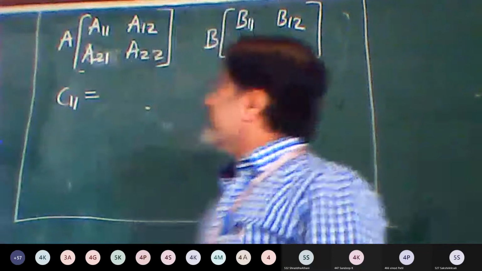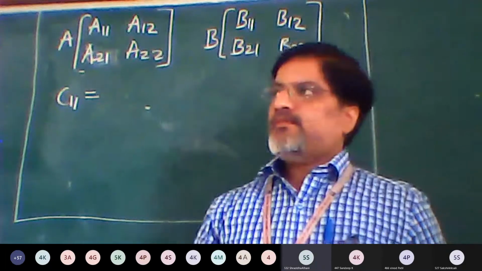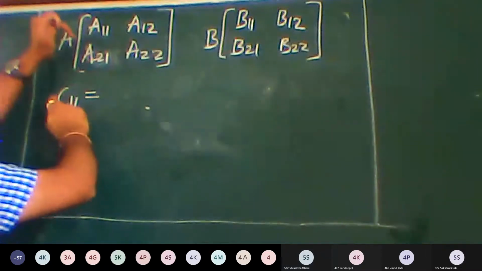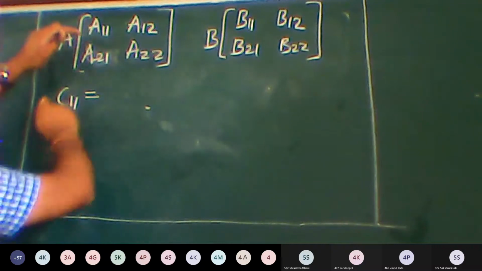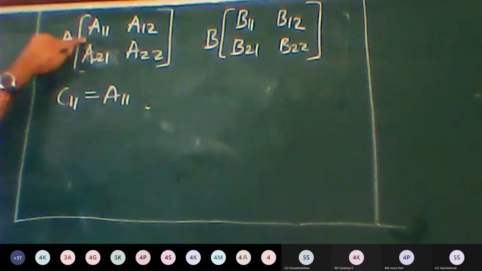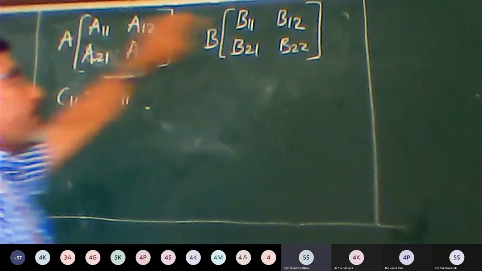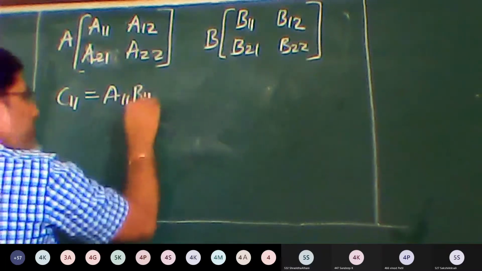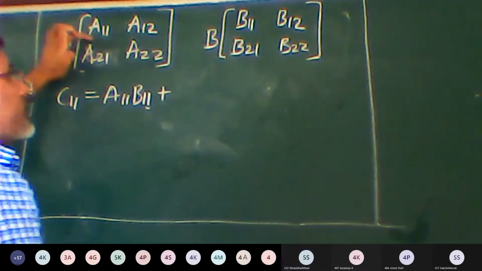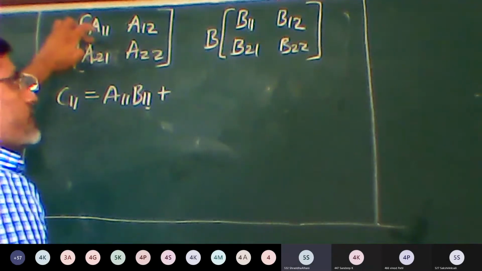Anyone? A11 into B11 plus A11 into B21. The first element of the resultant matrix is first row, first column, that is A11. Next, A11 multiplied by B11. Okay. Then plus A11 into B21.